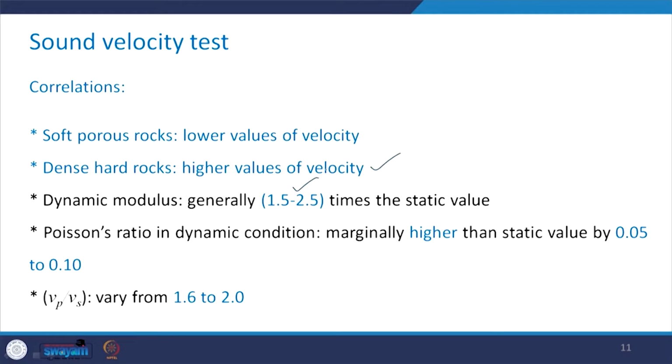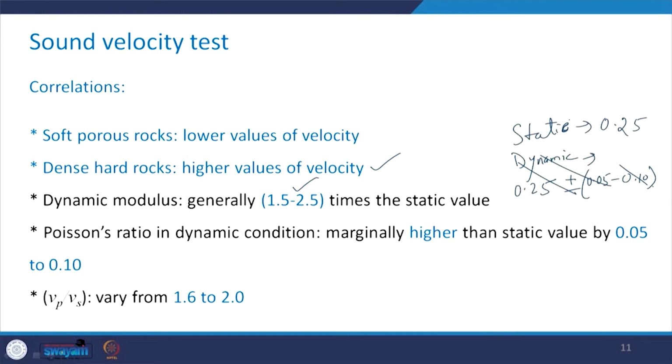Poisson's ratio in dynamic condition is marginally higher than the static value, say by 0.05 to 0.10. So, let us say that in the static case, if this is 0.25, in the dynamic case it will be 0.25 plus 0.05 to 0.10.